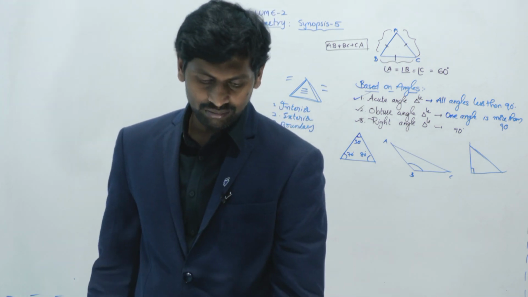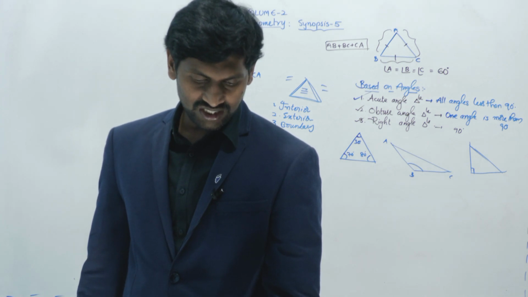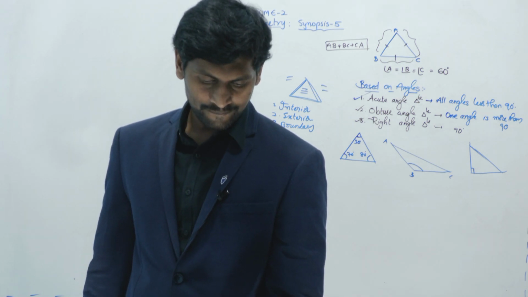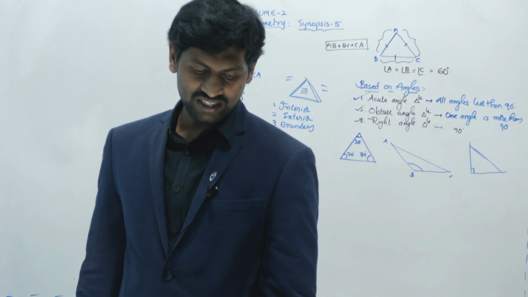Now the 10th question: AB length is 6 centimeters, BC length is 8 centimeters, AC length is 10 centimeters. These are the measures of the sides of triangle ABC, then the largest angle is.